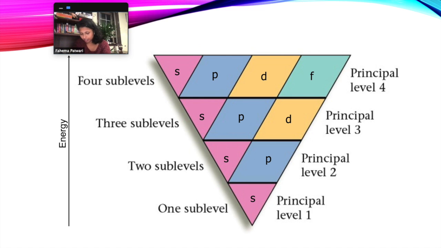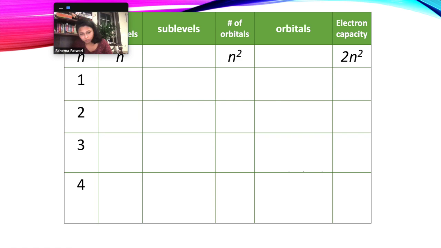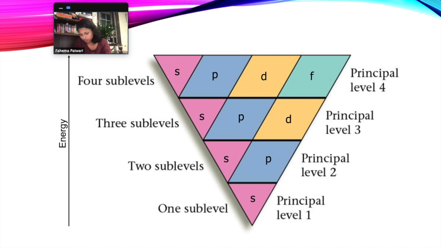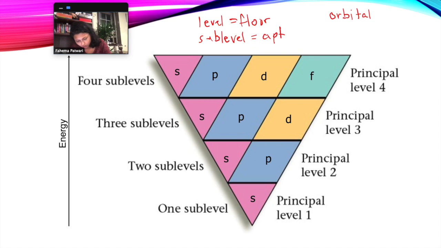So let's see, energy level will be like the floor, right? Sublevel will be an apartment. Orbital will be like the rooms in an apartment. How many bedrooms are there? And electrons, let's say they're people.